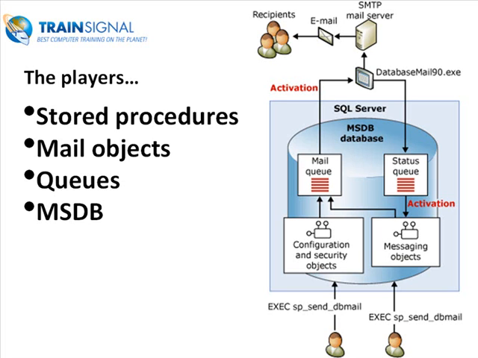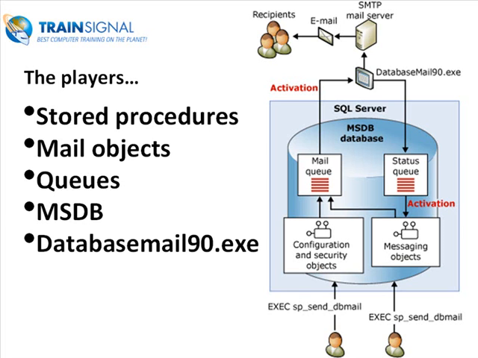So when it's queuing up messages, or when it's scheduling jobs and notifying operators and things of that nature, it needs to know who to send it to, when to send it, etc. All that's saved in the MSDB database. That's where your queues are going to be saved. That's where all your messaging objects are going to be saved. It's in your MSDB database. And then there's the DatabaseMail90.exe program itself.